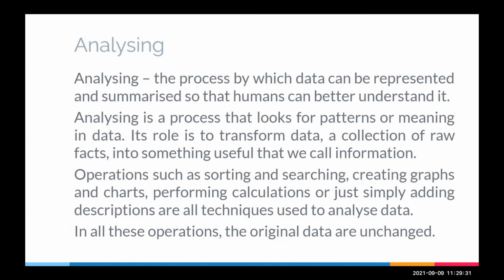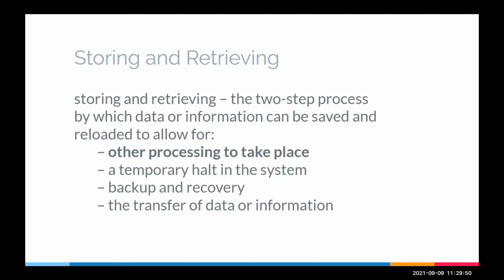Now, when you're calculating an average, it's just analyzing, but if you are actually saving that average to the original data, you're updating the master file of the data, then it becomes processing. Okay. Now, storing and retrieving is the 2-step process by which data can be saved and reloaded to allow for 4 things: other processing to take place, or a temporary holding in the system, or a backup and recovery, or the transfer of data or information.